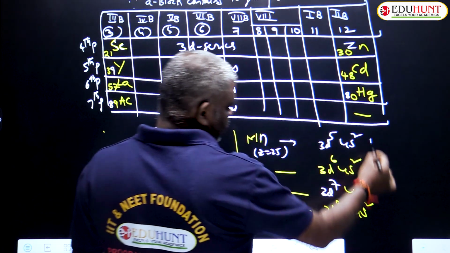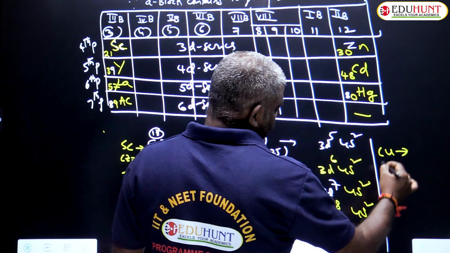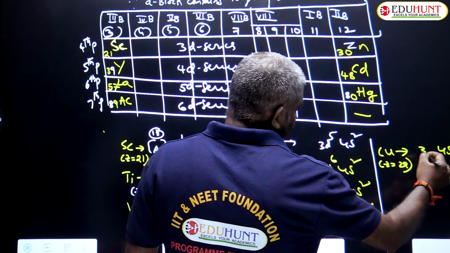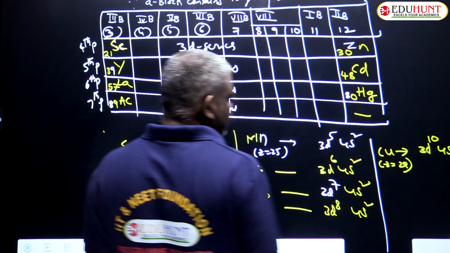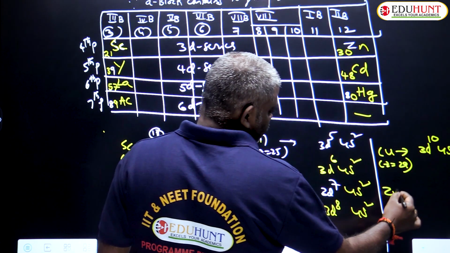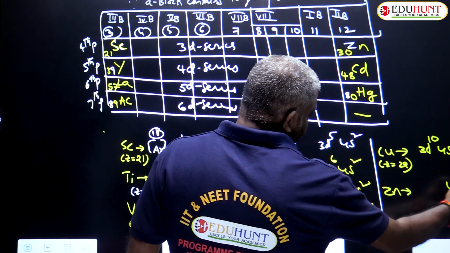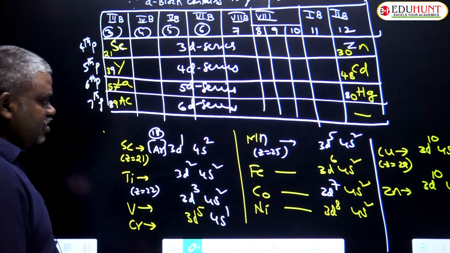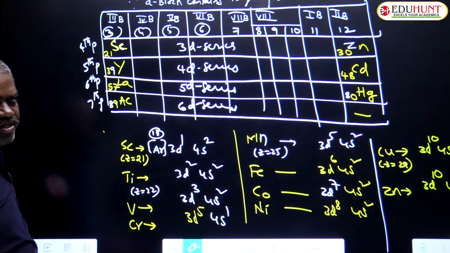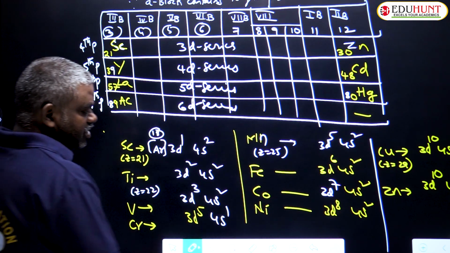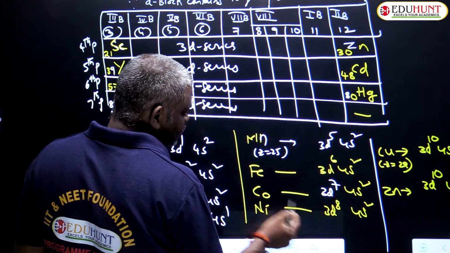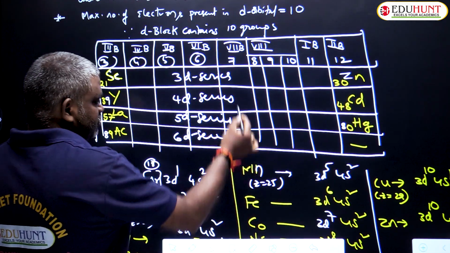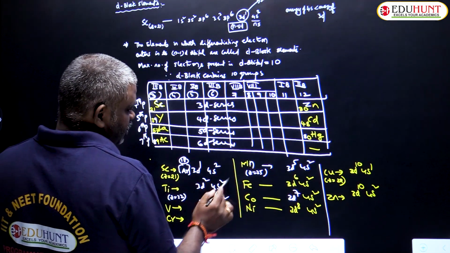Copper, atomic number 29, exhibits an anomalous configuration, 4s1 3d10, and zinc is 4s2 3d10. See, if you observe all the elements, s2 or s1 is present. The s2 or s1 is known as the valence shell.